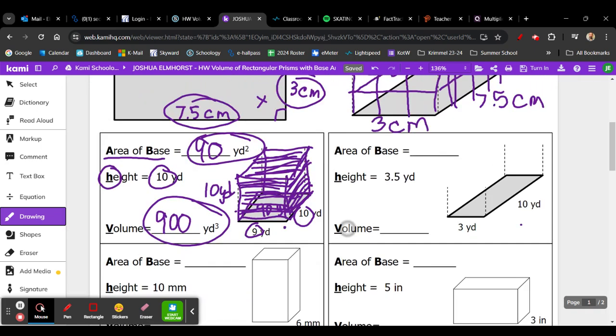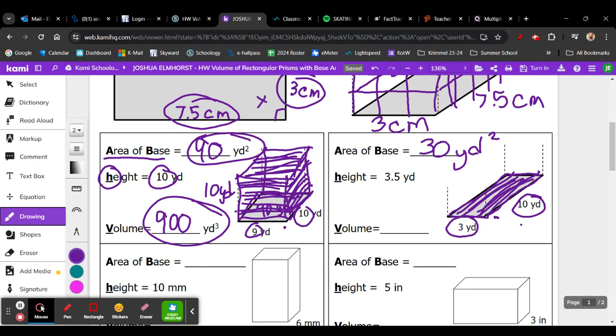And the last example, third example, we're going to find the base area, 3 times 10. How many yards squared is the area? 30 yards squared, because yards times yards is going to be yards squared. Now we take base area, multiply base area times height to get volume down below. And 30 times 3.5.